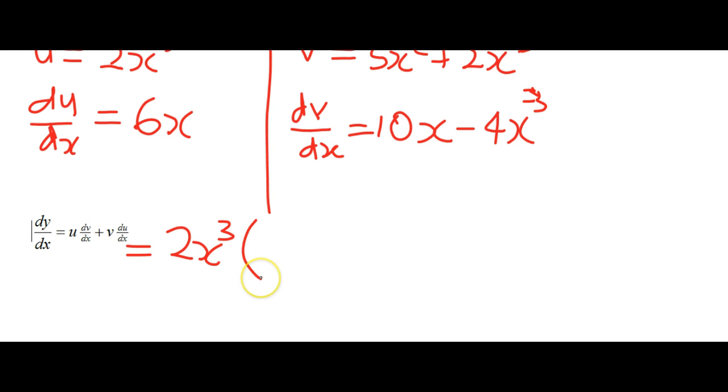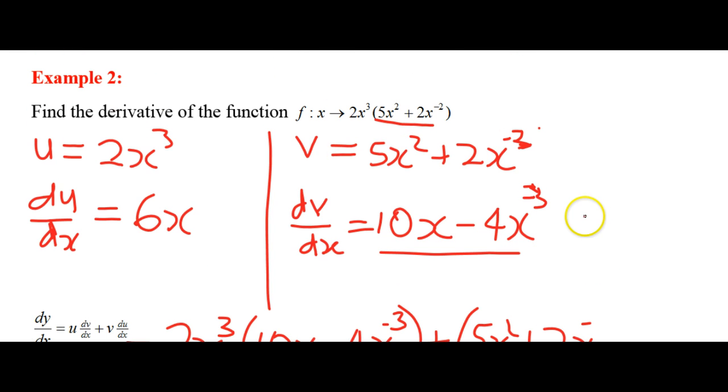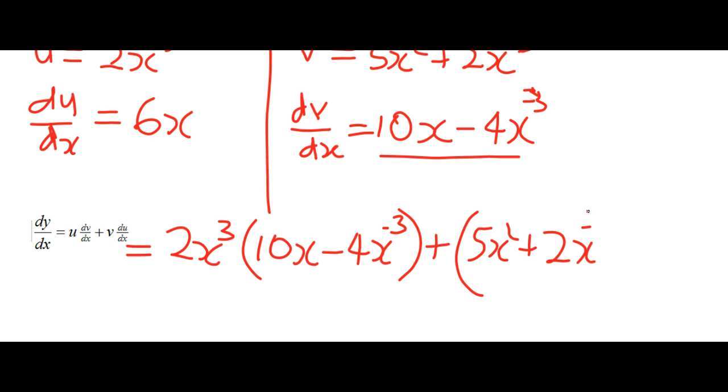We'll multiply the derivative of this, plus, then the original 5x squared plus 2x to the power negative 2, we'll multiply the derivative of that, which is 6x.